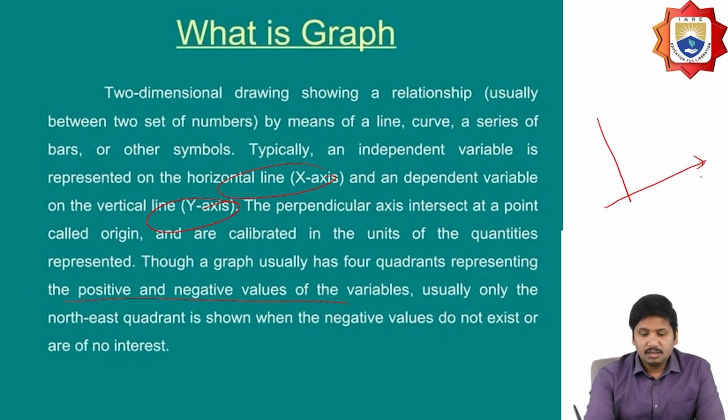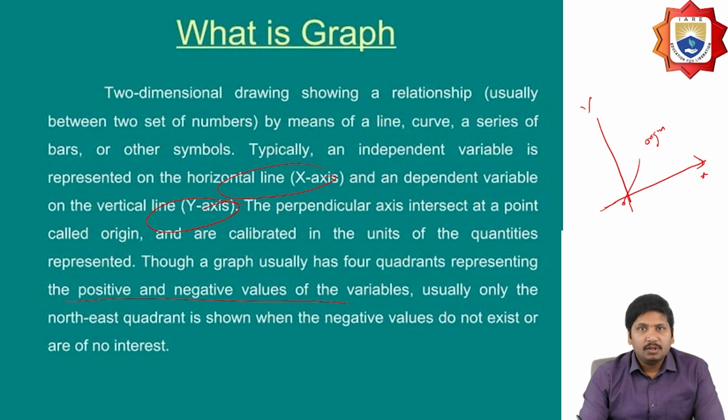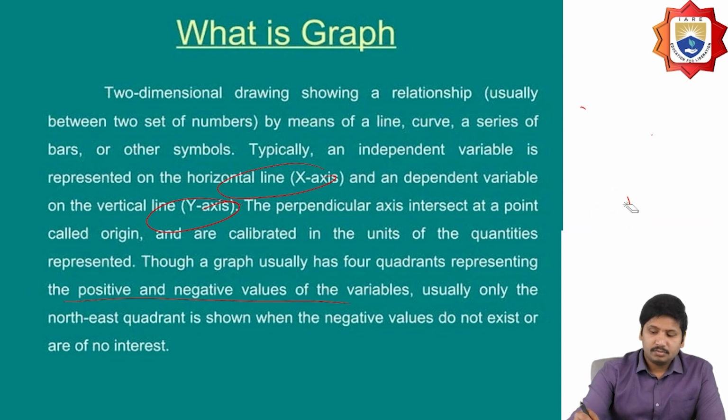So it is a two-dimensional drawing showing the relationship between two numbers. The x-axis is the horizontal line and the vertical line is the y-axis. The perpendicular axes intersect at the point which we call the origin. The graph has four quadrants representing positive and negative values. Usually the northeast quadrant is shown, as negative values do not exist here.